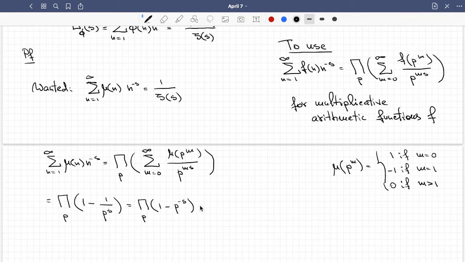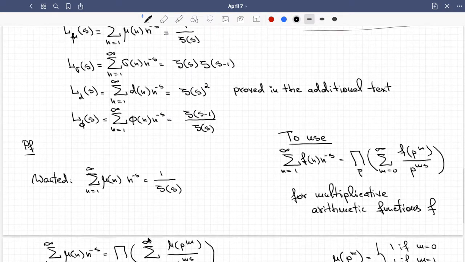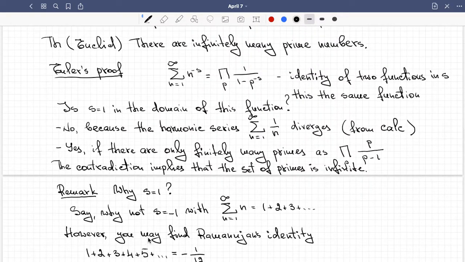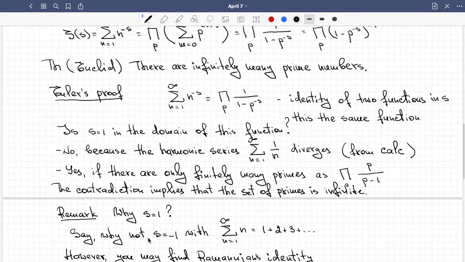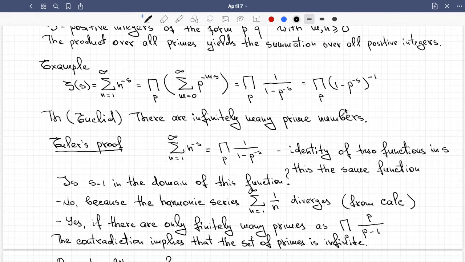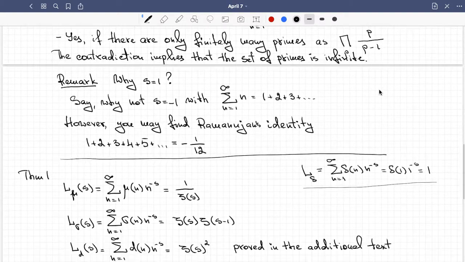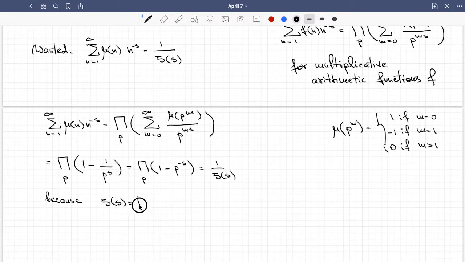And this is equal to 1 over zeta of s, because zeta of s is, we have recorded it somewhere, here it is, zeta is the product over all primes of 1 minus p to the negative s, to the negative 1.